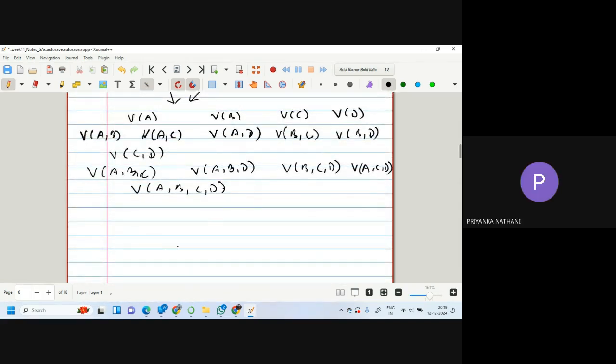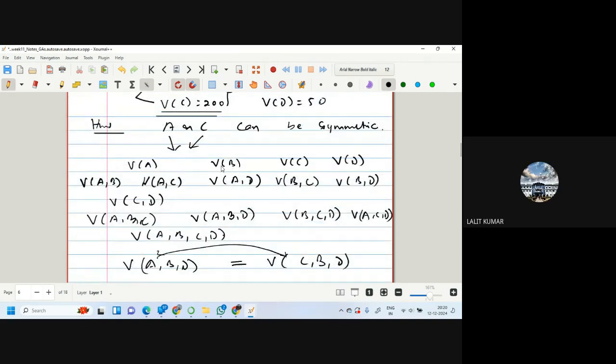They cannot be exchanged in ABC because it contains both A and C. But they can be exchanged in ABD and CBD. First of all, these values have to match, and they have to match in all collisions. If it does not match in even a single collision, then they are not symmetric pairs. So the first concept is that.